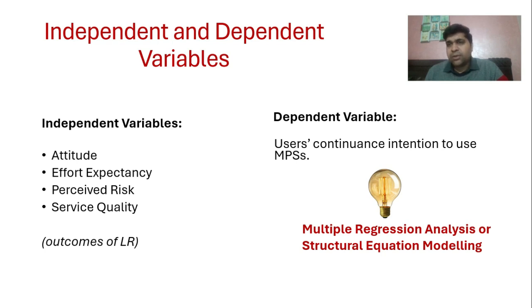The main independent variables are the factors that determine what makes you adopt a new technology. Why do we adopt a new technology? Because it makes our task easier and takes less effort. So effort expectancy, perceived risk, it has a risk. If the perceived risk is high, my continuance will be low. Continuance of the technology will be low.